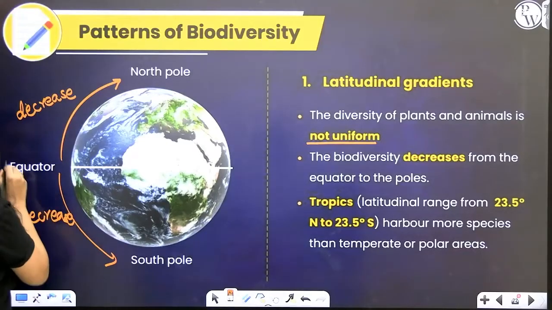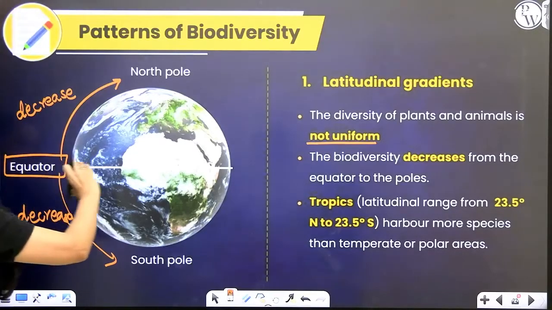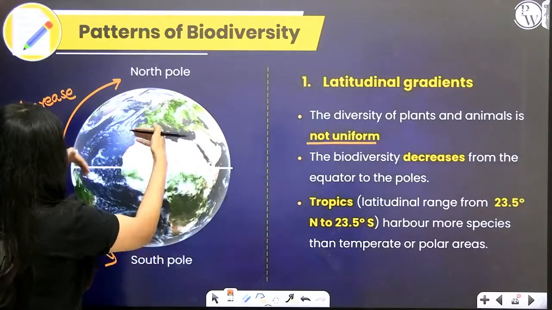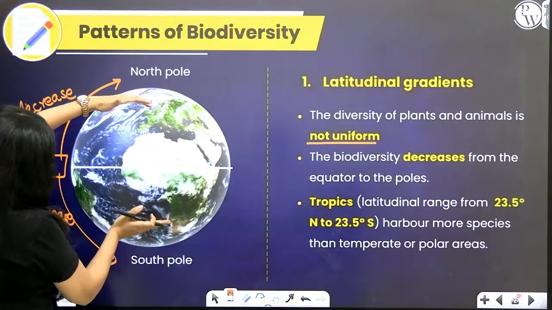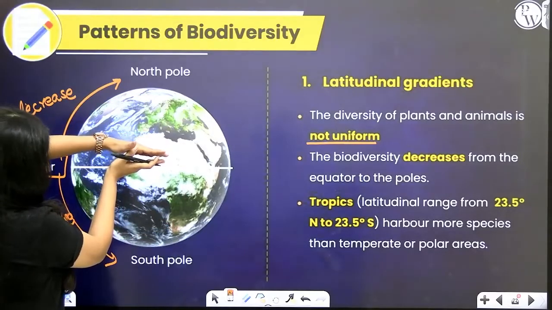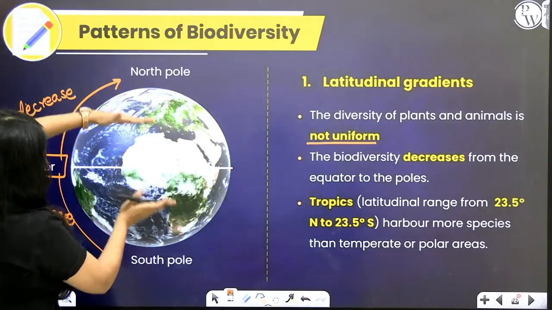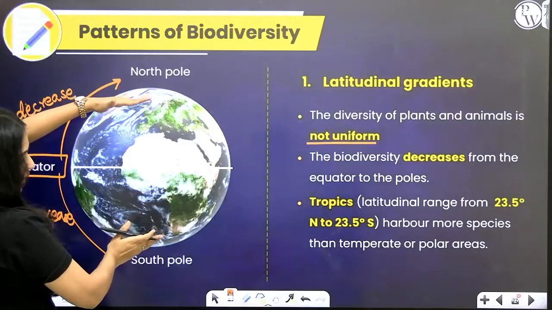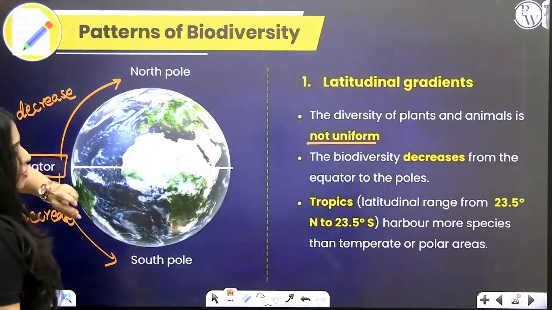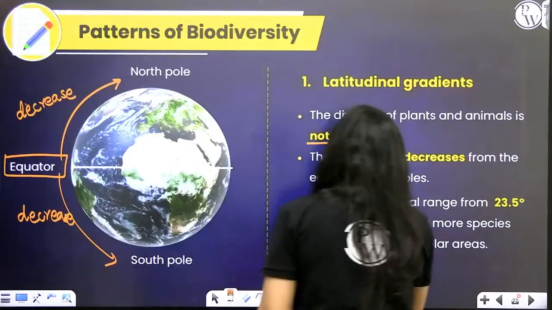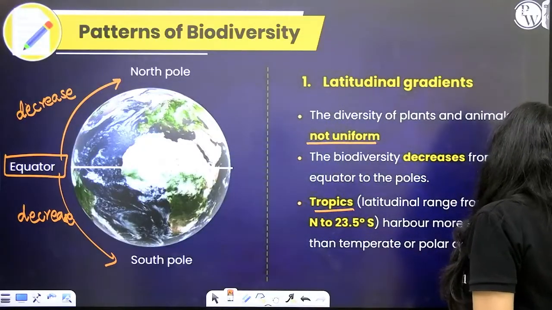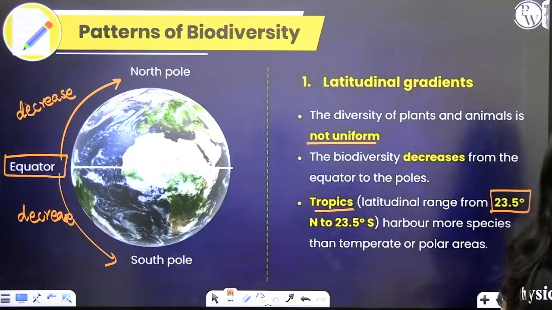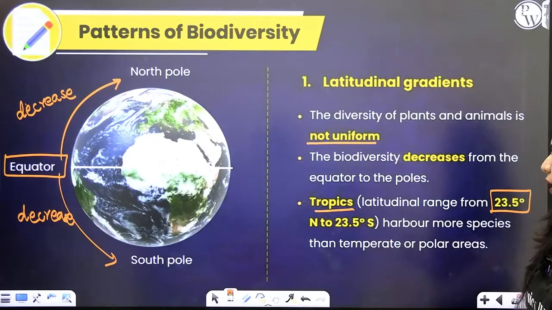Maximum diversity you will see in the equatorial region. From the equator on either side you have the tropics, then the subtropics, and then the temperate regions. As you move from the equator towards the poles, the species diversity is going to steadily decrease. The tropics are the regions which lie between 23.5 degree north latitude and 23.5 degree south latitude.